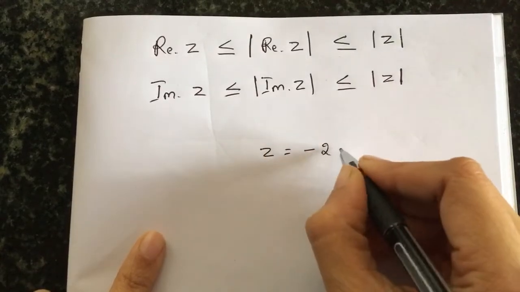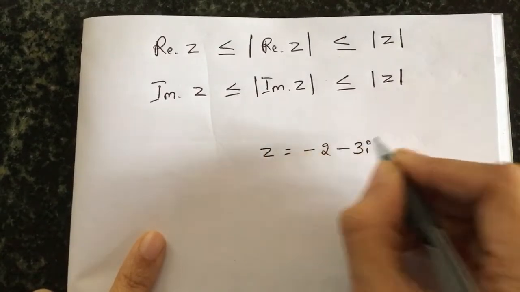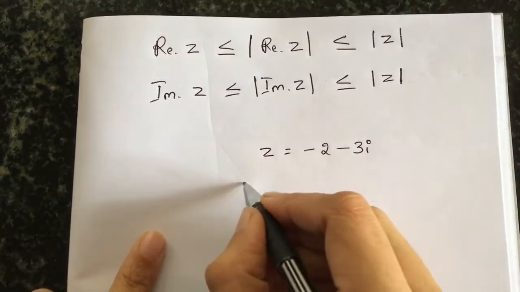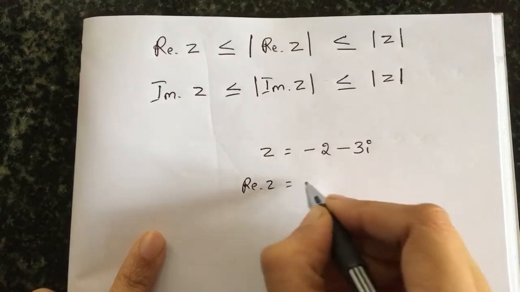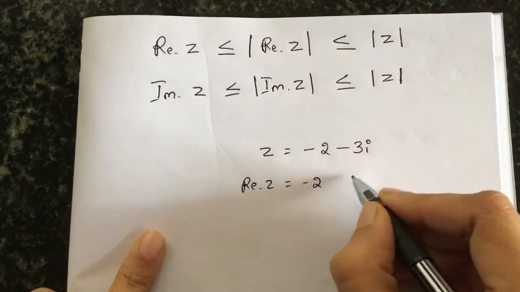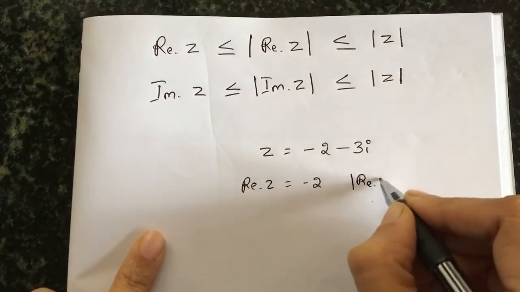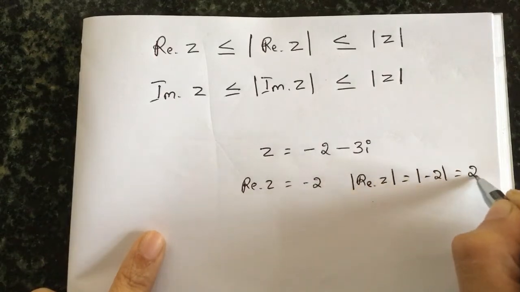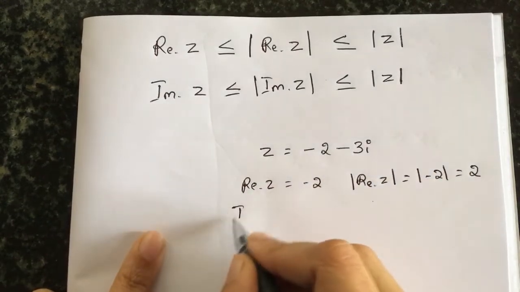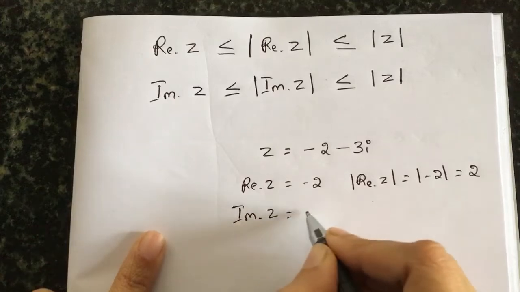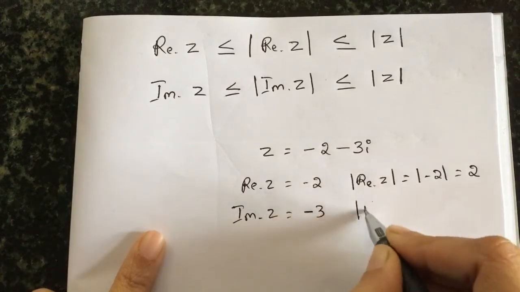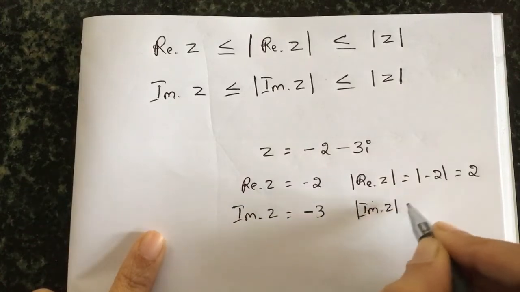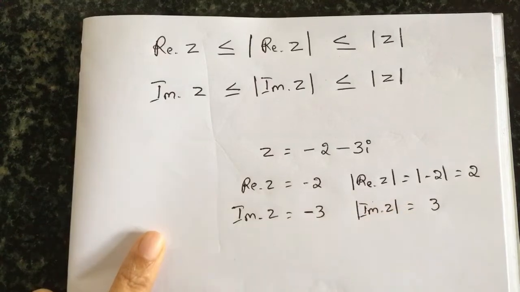Suppose I have minus 2 minus 3i. Now what's the real part of z? It is minus 2. Its modulus is the modulus of minus 2, which is 2. Similarly, the imaginary part of z is minus 3 and its absolute value is 3.